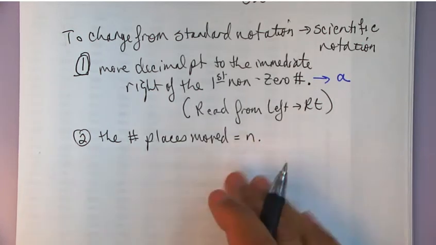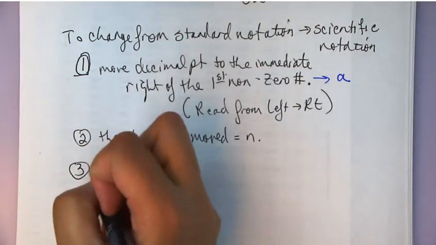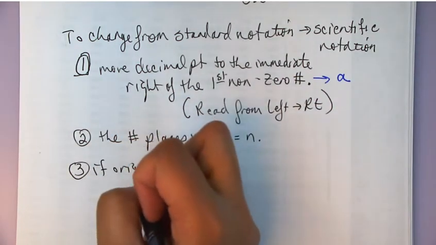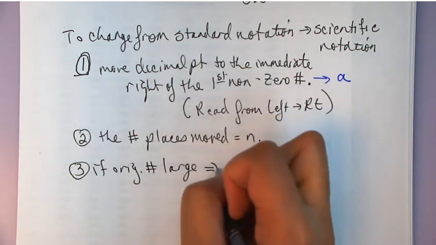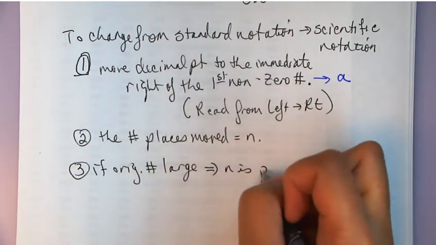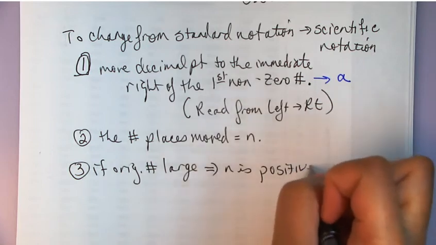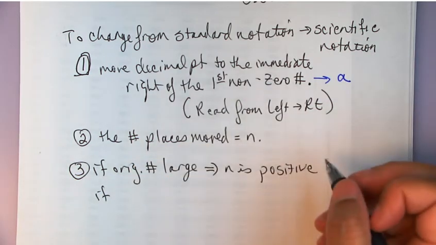Step 3. If the original number was large, then that implies that n is positive. Remember, large number means more than 10.